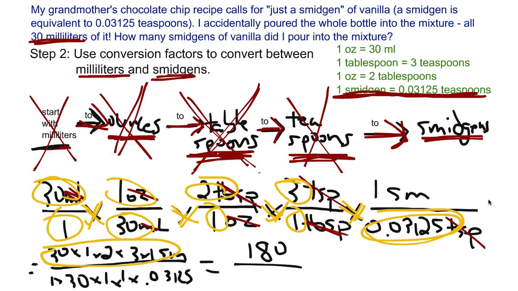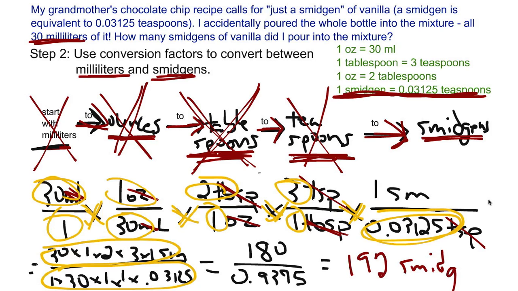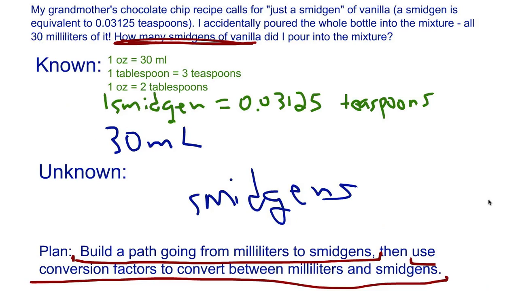Multiplying across the bottom will give us 0.9375. And our final answer when we do 180 divided by 0.9375 equals 192 smidgens. And that is our final answer. 192 smidgens.